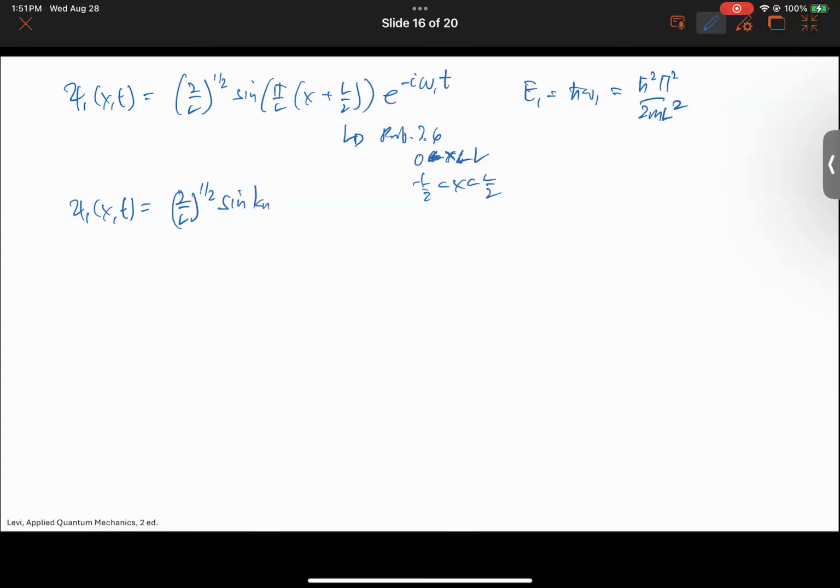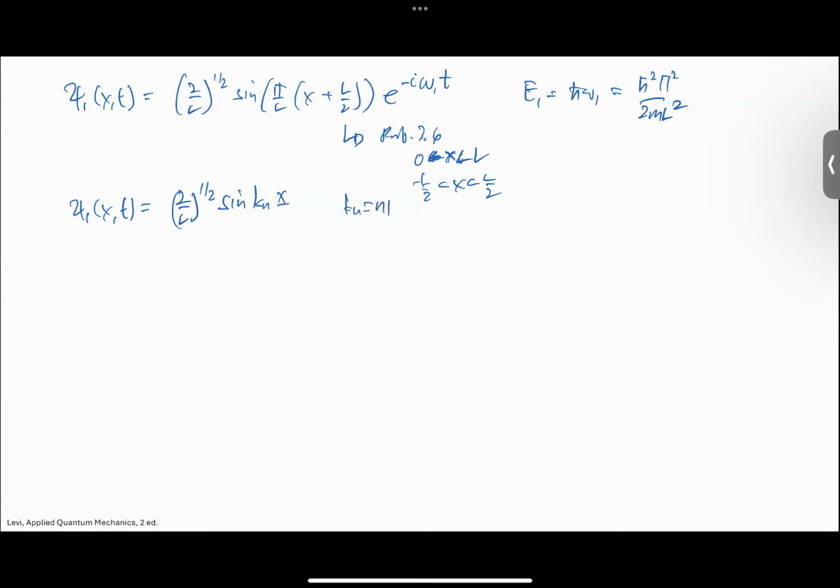So sin of k_n x, right? And k_n x is n pi, so k_n is equal to n pi over L. We will just replace this with k_n, which is n pi over L.